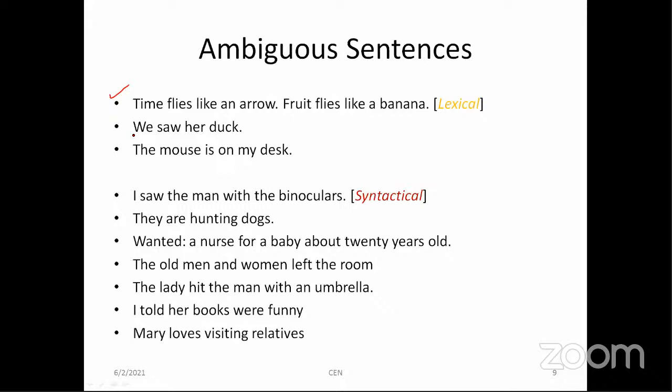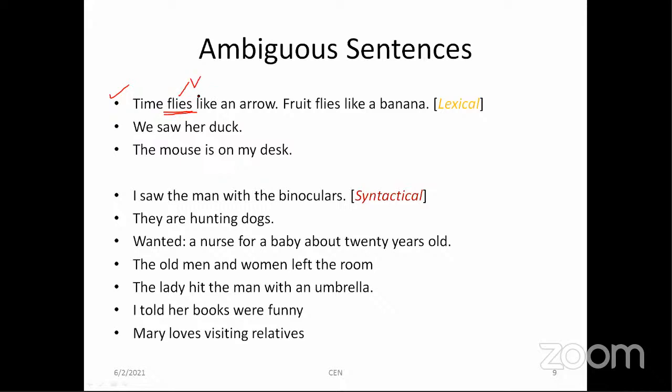It's okay if it's wrong, just try. Sir, like time is moving fast. Okay, moving. Okay, here, sir. Comparing with another fruit. So here you mean to say that fruit flies like an arrow, so it's an action verb.